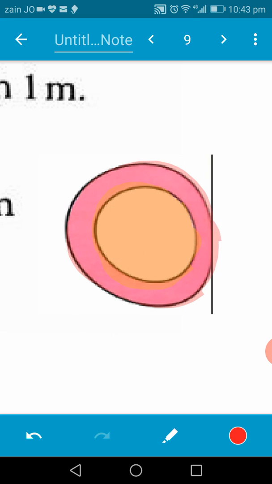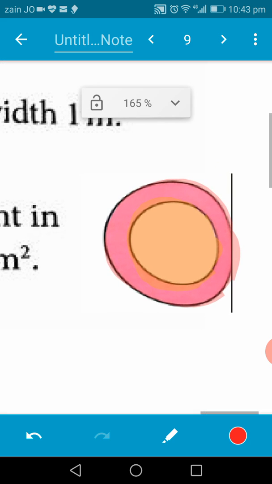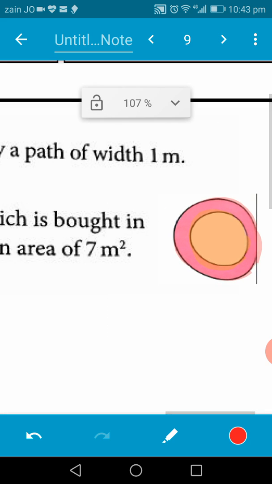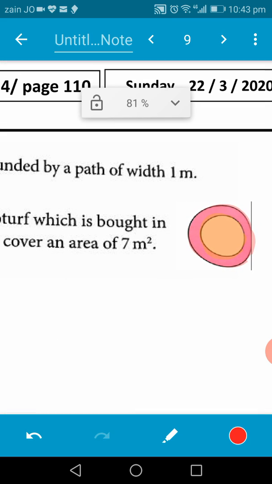After that, subtract the bigger circle minus the area of the smaller circle. So that's it. This is the four part. You need to find the area of the big circle and the area of the smaller circle. After that, find the difference between them. You get the area of the path. Let's start.